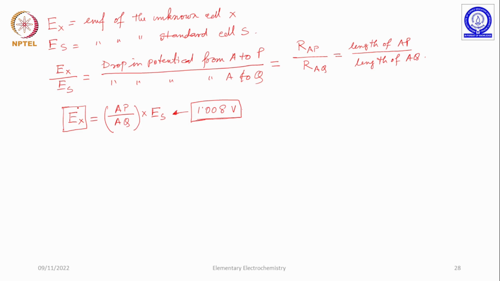So, at this point I must indicate that to have a standard cell, one has to define something as 0. To define something as 0, what we use is called the standard hydrogen electrode, in short written as SHE. So, what is the standard hydrogen electrode?